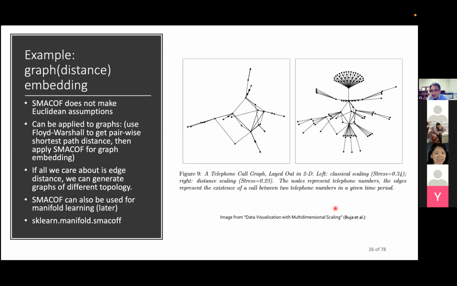All right, so here is just an example of using the Markov algorithm we just talked about. We don't have any assumptions about the distance matrix given. So even if you use the shortest path distance matrix for a graph, you can use this algorithm to find embeddings that preserve the shortest path distance structure, with a different topology for the graph.